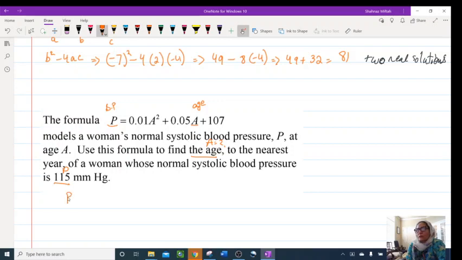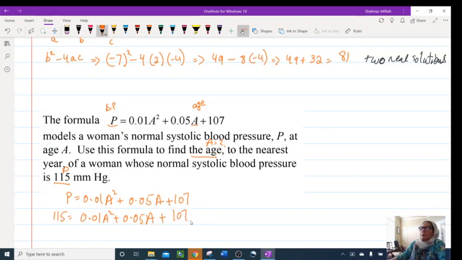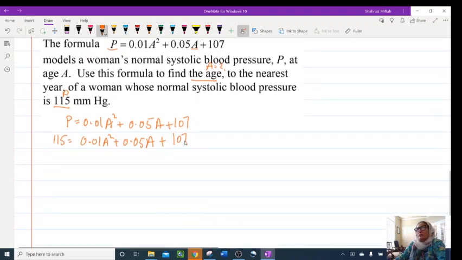So this is my equation, and I'm going to write down the equation, and I will plug in my 115 there. Plug in 115 for P: 115 = 0.01a squared plus 0.05a plus 107. Now before I use my quadratic formula, I'll just make sure.